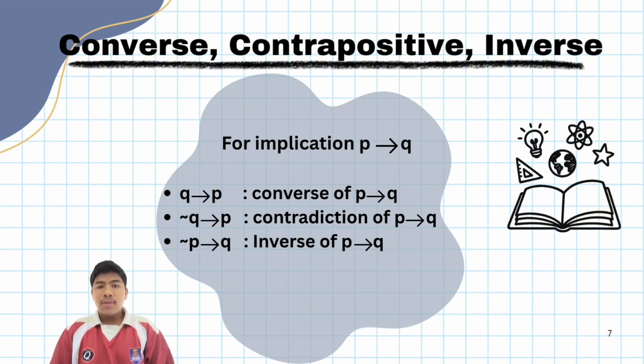Lastly, the inverse is formed by negating both P and Q without changing their order, which is not P implies not Q. In conclusion, these 3 forms help us understand and analyze logical statements more clearly.